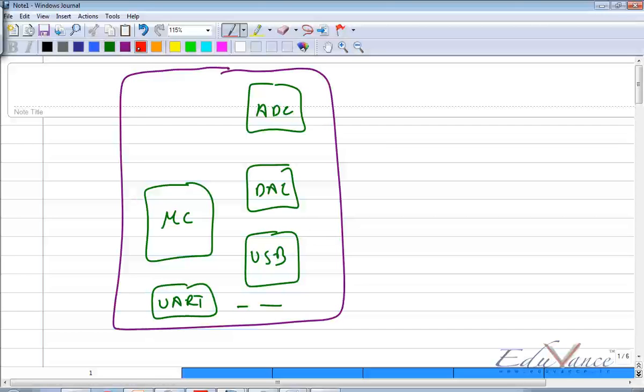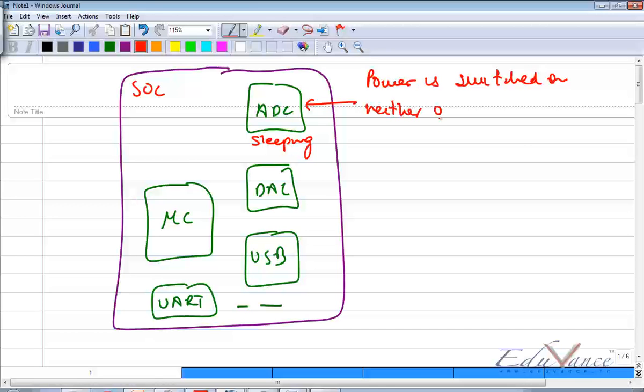Now in a typical SoC, when the power is switched on, all the interface ICs are sleeping. Means they are neither given power, and more importantly, they are not given clock.